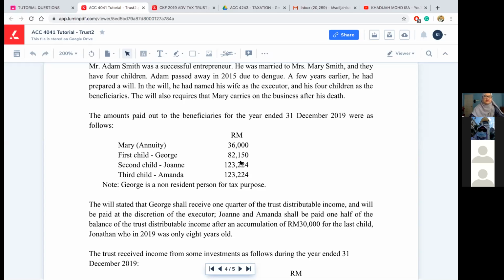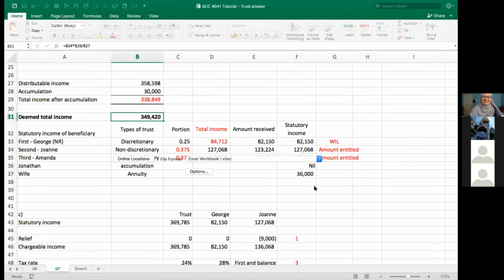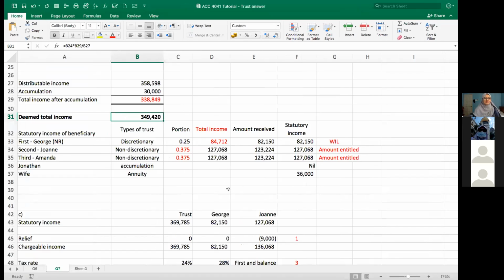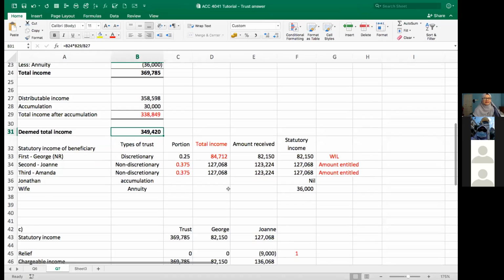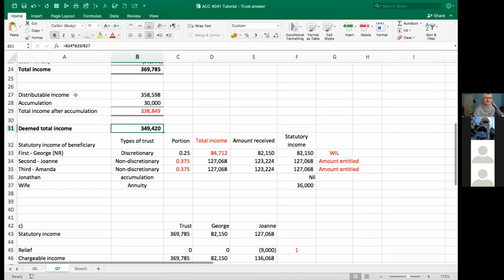Okay, now I want to share you this part. Okay, are you seeing this? Daripada total income tadi, you have your distributable income of 358,598.